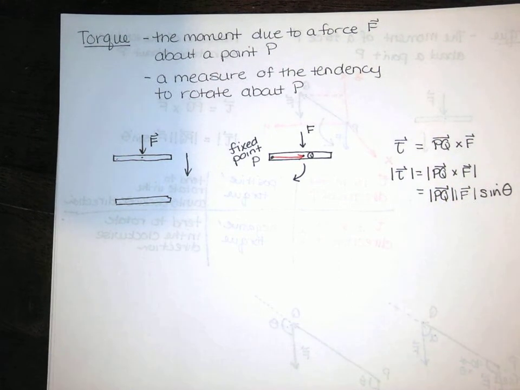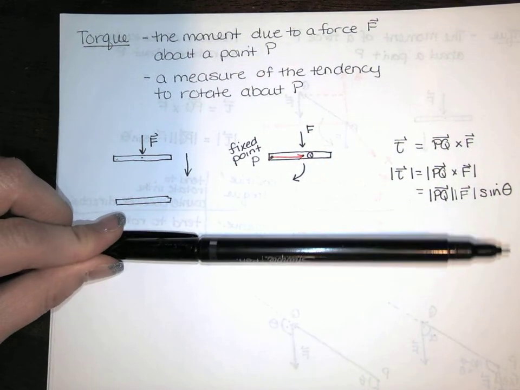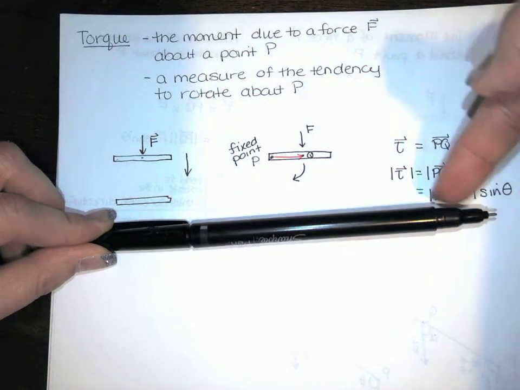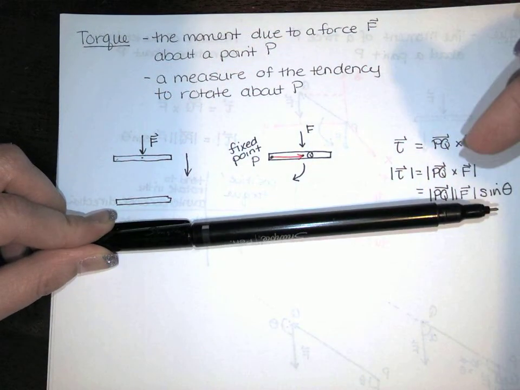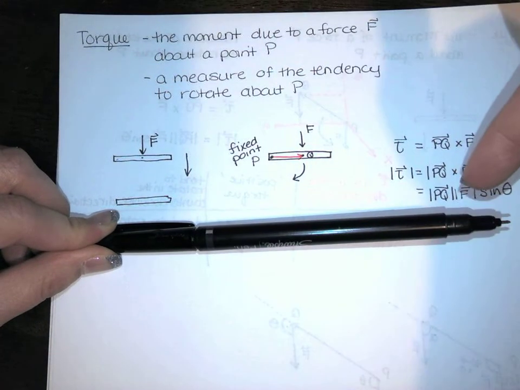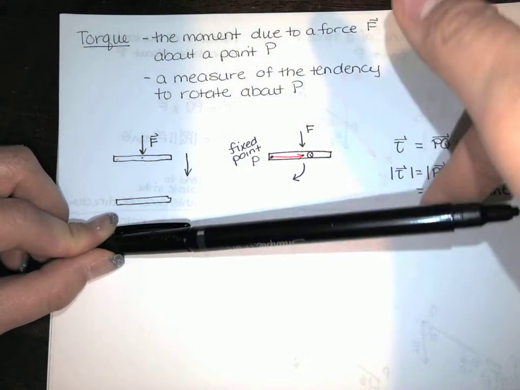And I think that this makes a lot of sense. If I have a fixed point P over here and I apply the force here versus applying the force here, if I apply exactly the same amount of force, applying it closer to my fixed point gives less of a tendency to rotate than applying the same force out here, farther from my fixed point.